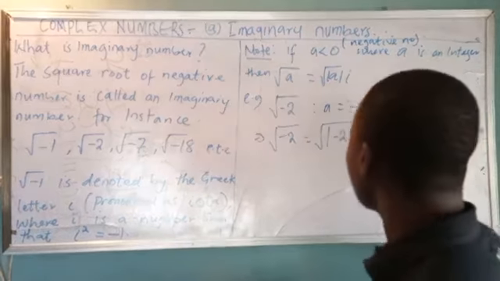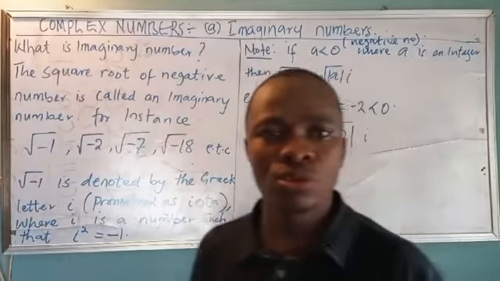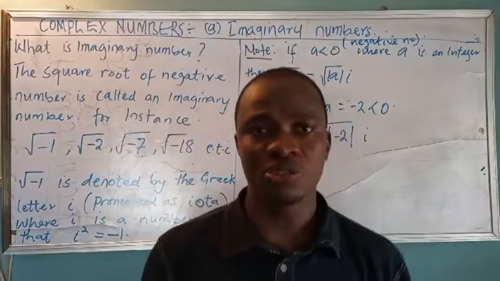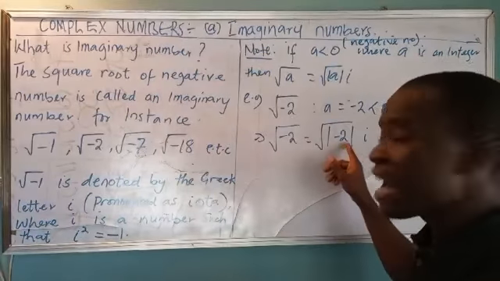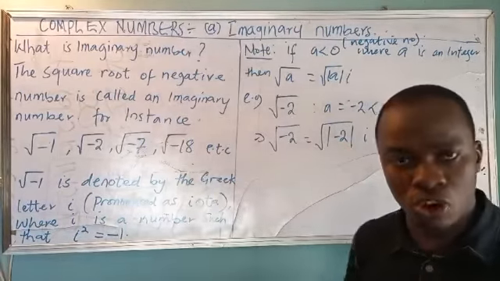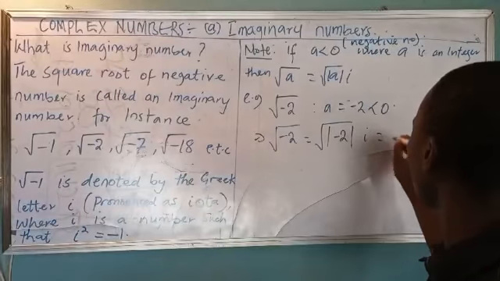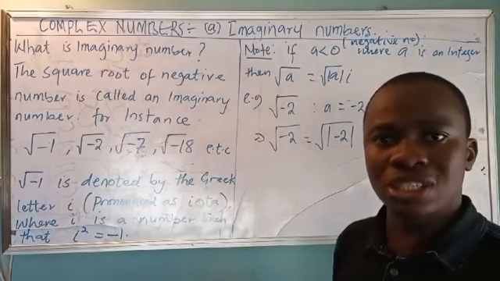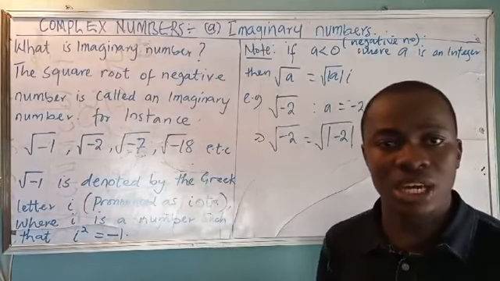The reason we put the absolute value is that it always gives us a positive. If we neutralize this -2 to become positive, we have root 2, because root 2 is an irrational number.